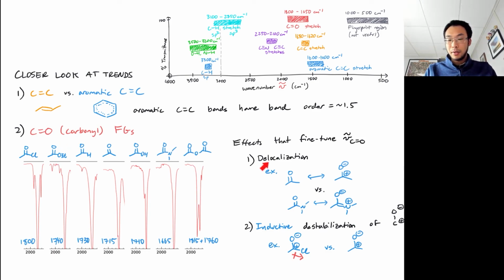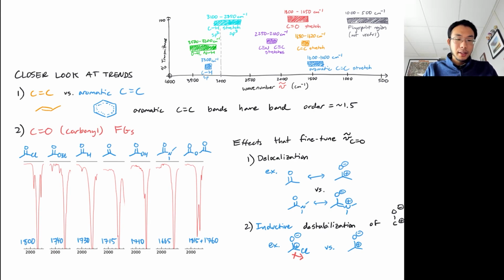You have the delocalization effect, so you could draw an analogous resonance form for the ester, and that is moving the frequency lower. At the same time, you have this inductive destabilization, where inductive refers to the electronegativity working across a bond, and that's moving the frequency higher. Those two effects are fighting each other, and the inductive effect ends up winning just a little bit, by 30-ish wave numbers.